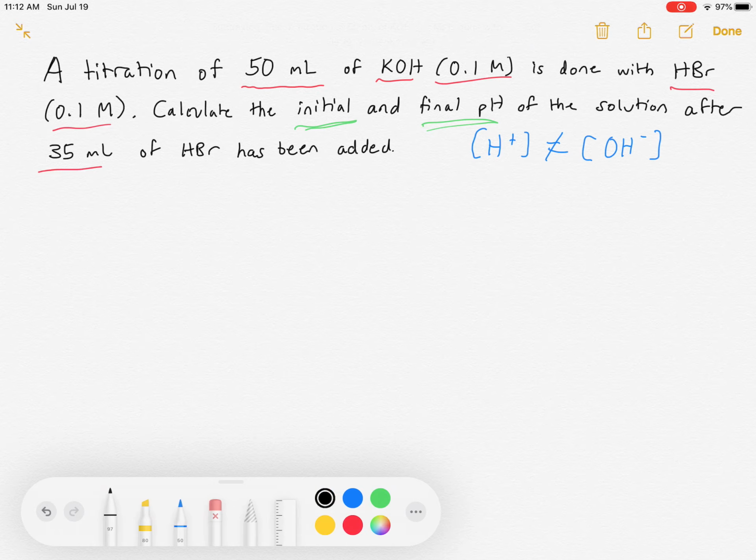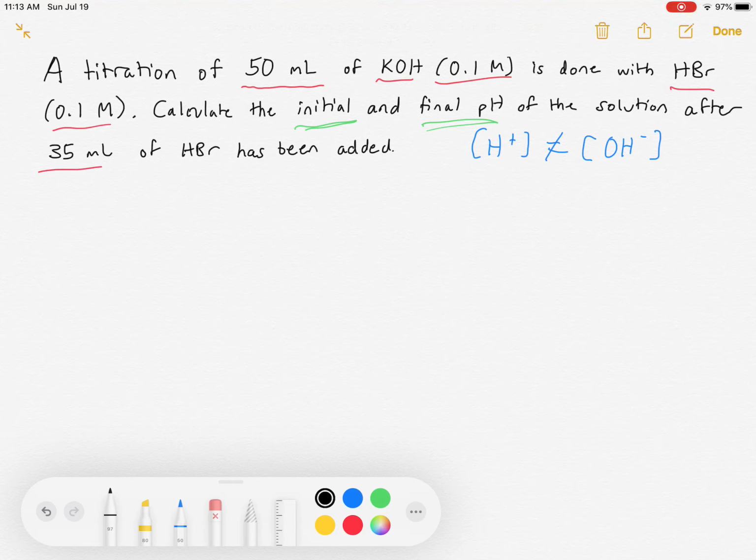So the first part of this word problem is just finding the initial pH. Now, it can be a little bit tricky to figure out what that is, but all it really takes is for you to carefully read the problem and comprehend what it's telling you. Then you just need to use some logic to figure out what was first and what's being added to what.